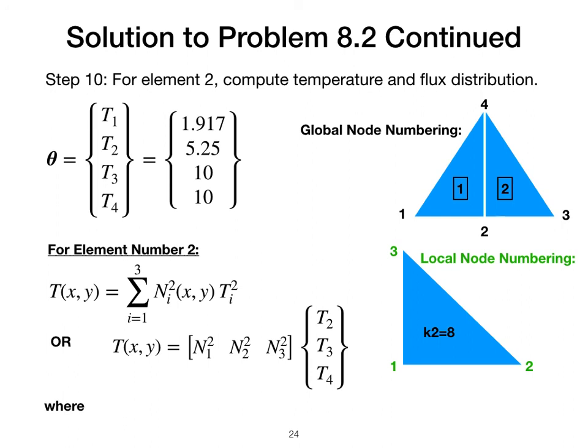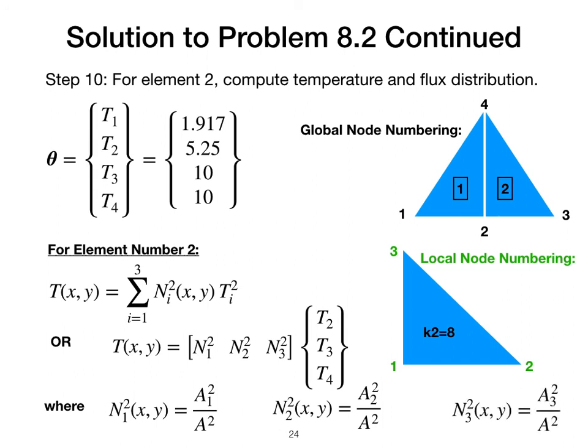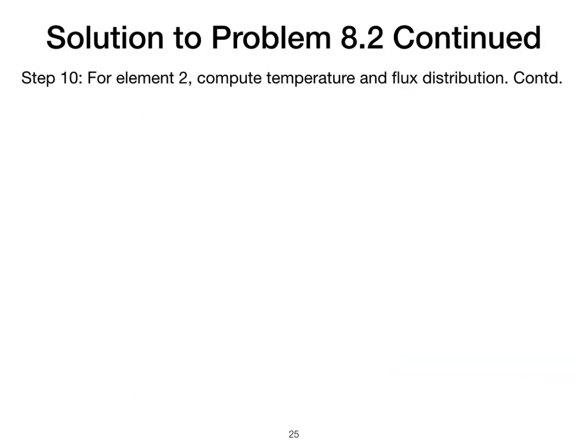where the shape function 1 for element number 2 is given by A1 for element number 2 divided by area for element number 2. Similarly, N2 equal to A2 over A for element number 2, and similarly N3 equal to A3 over A for element number 2.